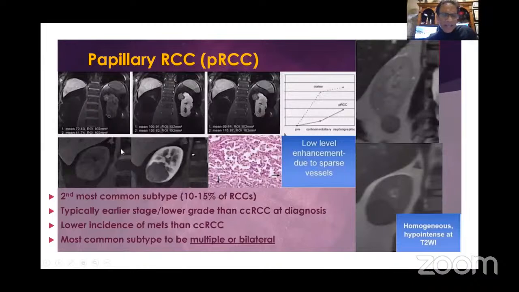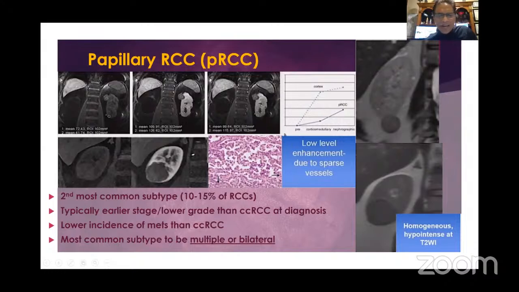Here, in this patient, there are multiple lesions. You can see one lesion on the right side, which shows the typical appearance of papillary renal cell carcinoma: low enhancement and low signal intensity on T2-weighted images. We could see another lesion in the other kidney, which had similar features, whereas the third lesion was a simple renal cyst.